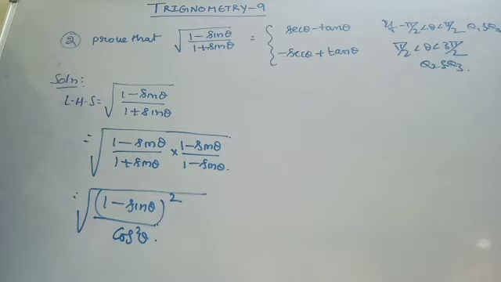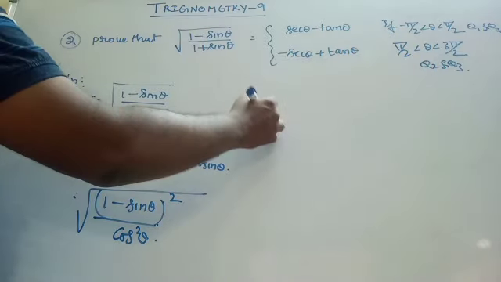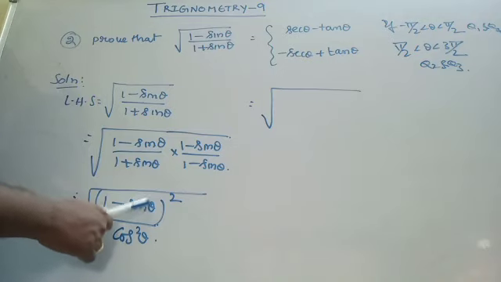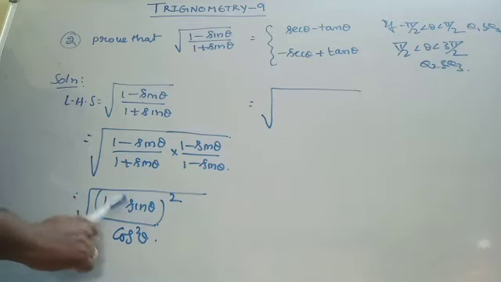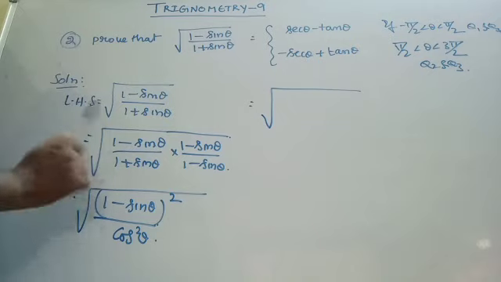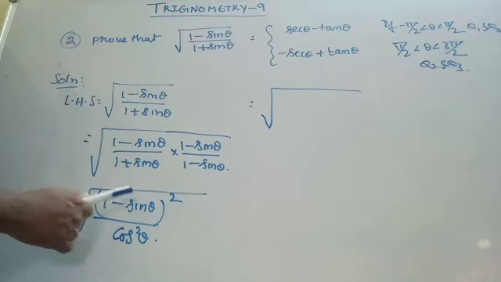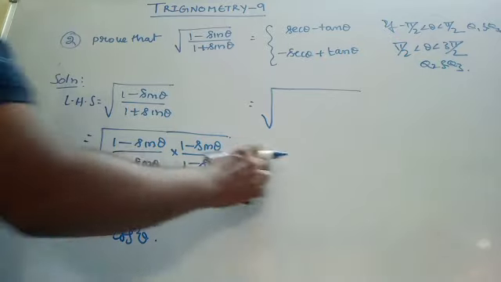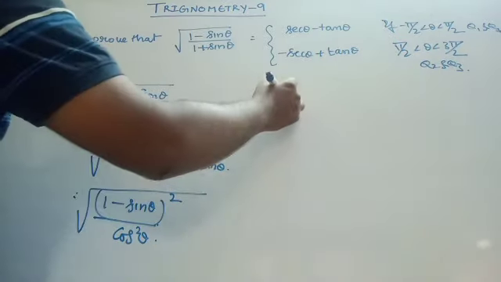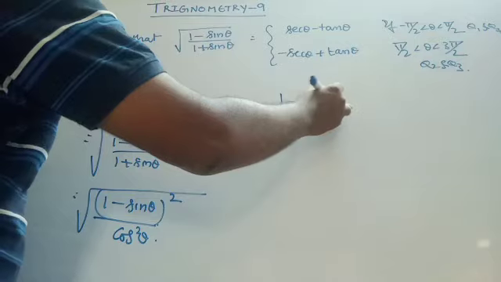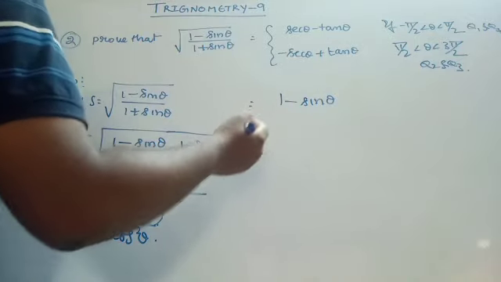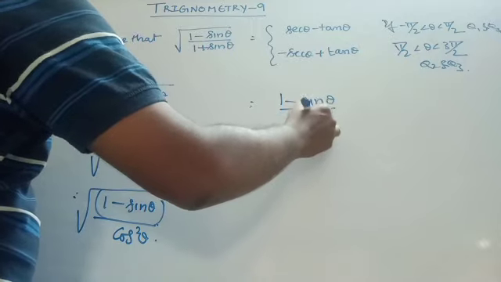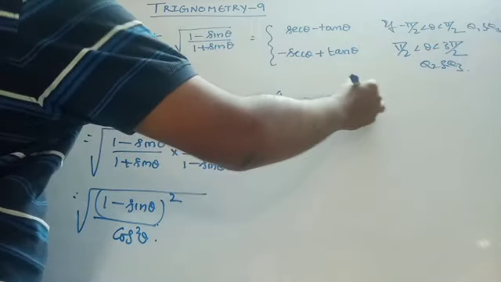And of course, my dear students, 1 minus sin theta: the maximum value of sin theta is 1, so 1 minus sin theta will always be positive. Therefore we can write it as 1 minus sin theta, and this is cos theta whole square under the square root.